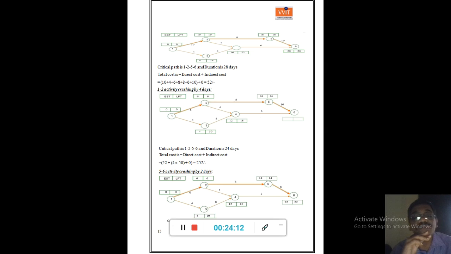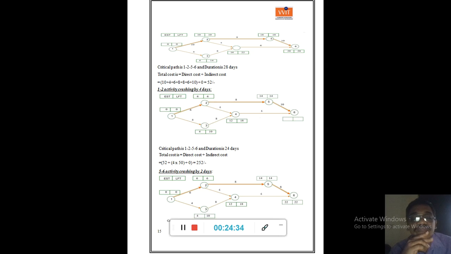And the 1 to 2 activity is crashed by 4 days. Crash it by 4 days, 10 will become 6 days. Then again draw the network. After drawing the network, 1 to 2 will become 6, and again find out the critical path. Hopefully the critical path is not changing here. It remains the same: 1 to 2, 2 to 5, 5 to 6.